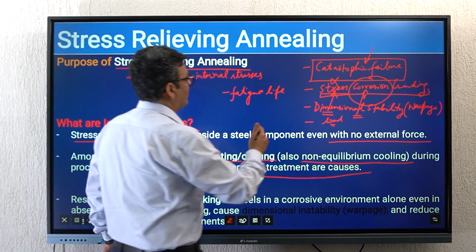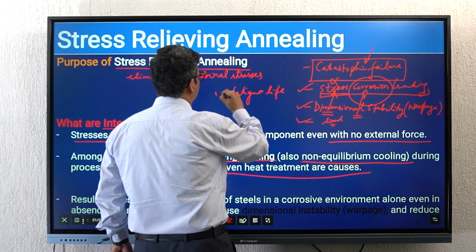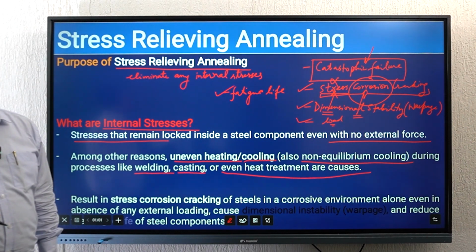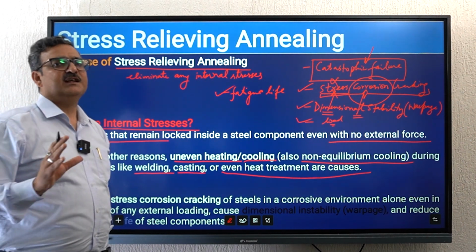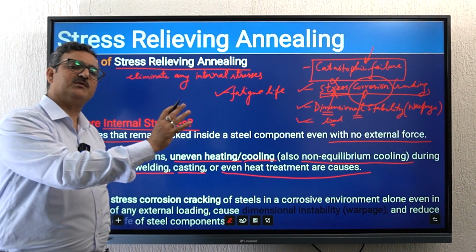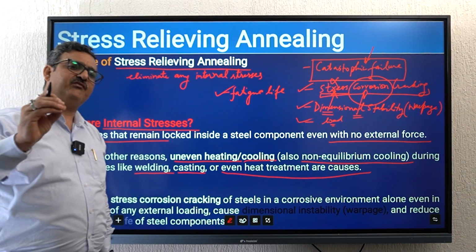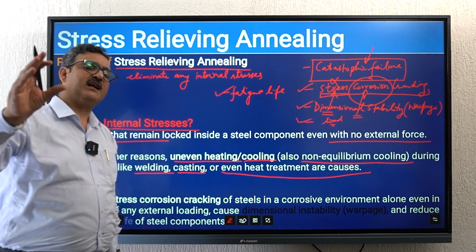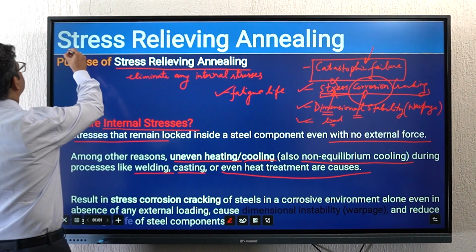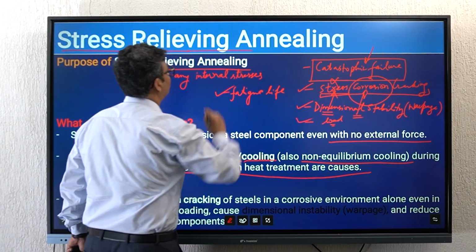So having talked about all these ill effects of the presence of internal stresses in steel components, it is always wise that if you detect certain internal stresses present in your material, they must be eliminated. And as I said earlier, if internal stresses are present and that's the only problem with your steel component, a very good process that will come to your rescue is called stress relieving annealing.